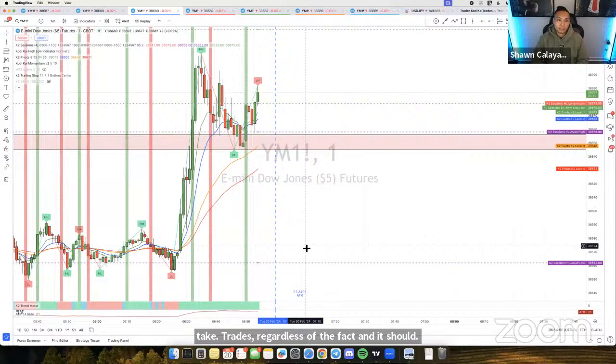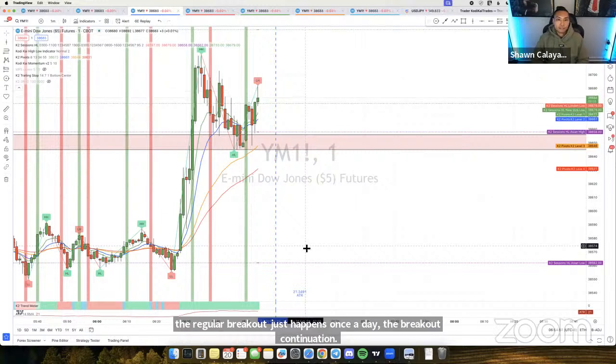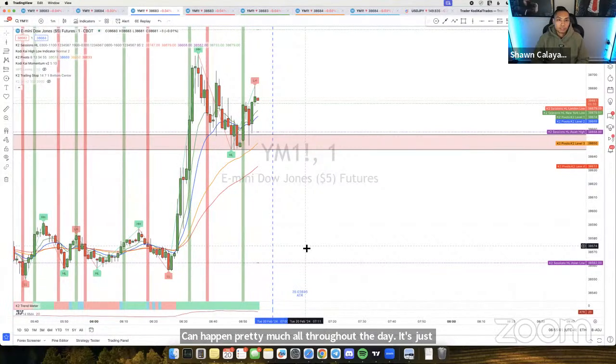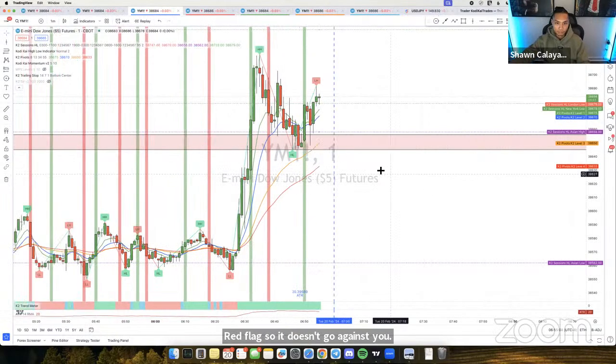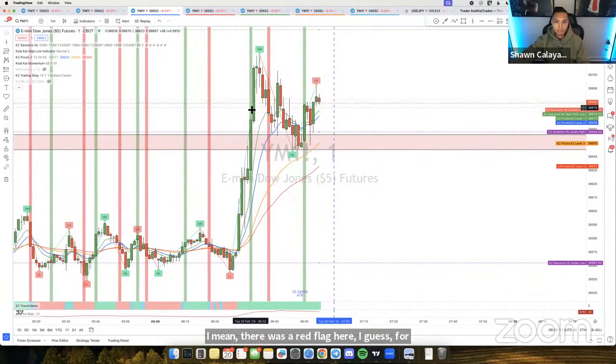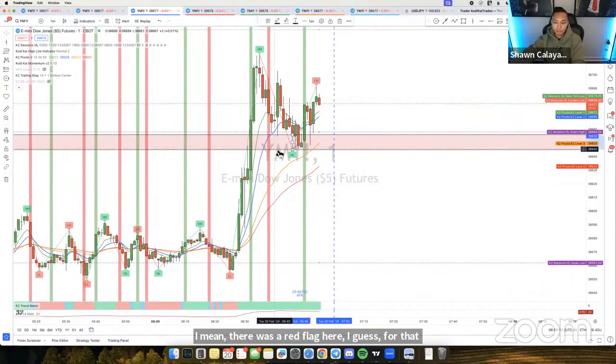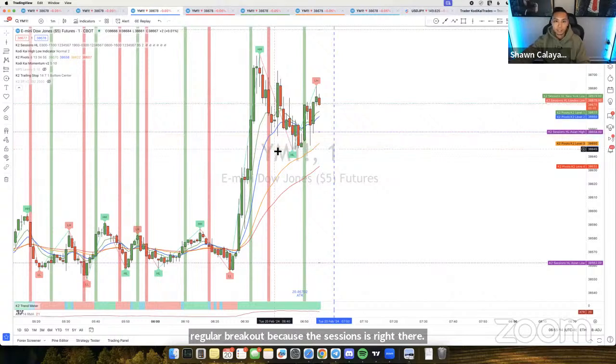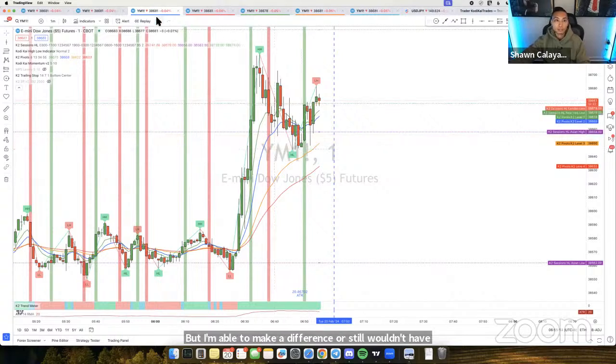Because the regular breakout just happens once a day. The breakout continuation can happen pretty much all throughout the day. You just have to be careful for red flags so it doesn't go against you. I mean, there was a red flag here for the regular breakout because the session was right there. But it wouldn't make a difference. There still wouldn't have been any opportunity for us there.